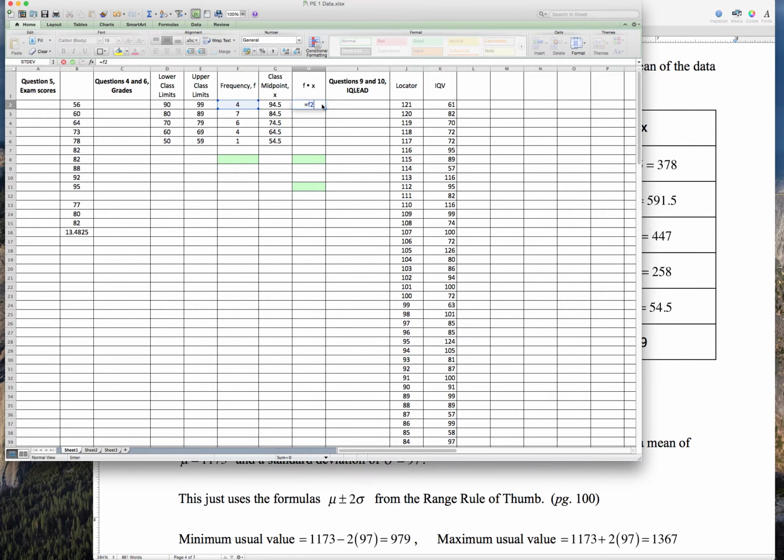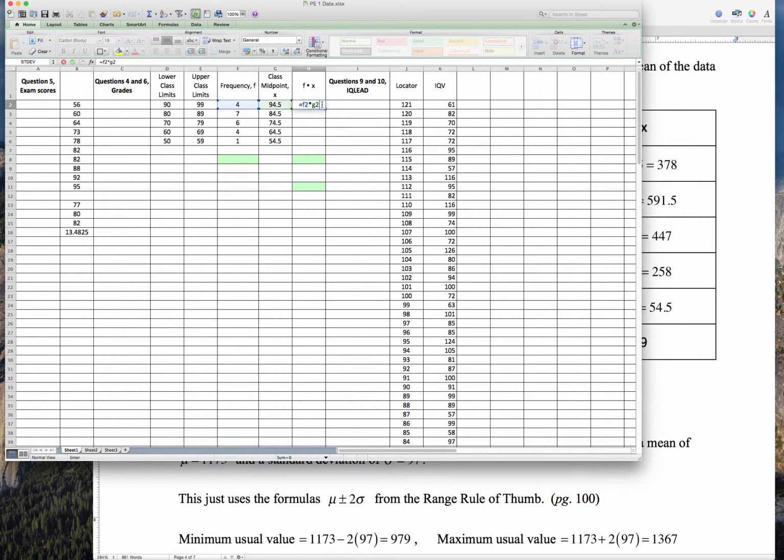F2, and notice it doesn't have to be, as I've said before, the capital letter. It is not case sensitive. F2, and then the asterisk is the multiplication operation. If you have a number keypad on your computer, that key is located in 2 places. It's the Shift 8, or off on the right side where your number keypad is, there's an asterisk over there. And then cell G2.